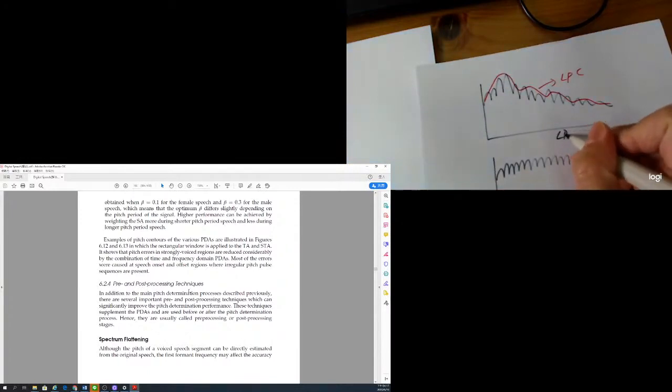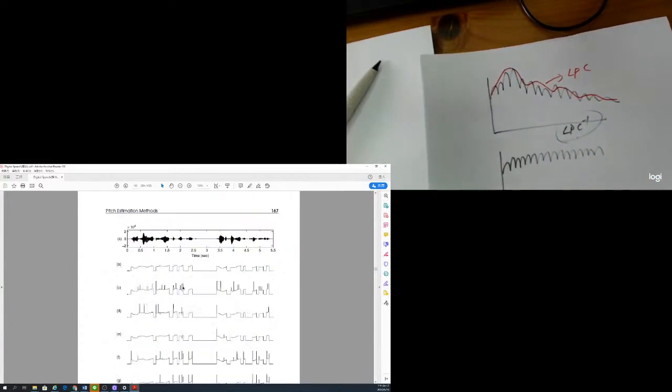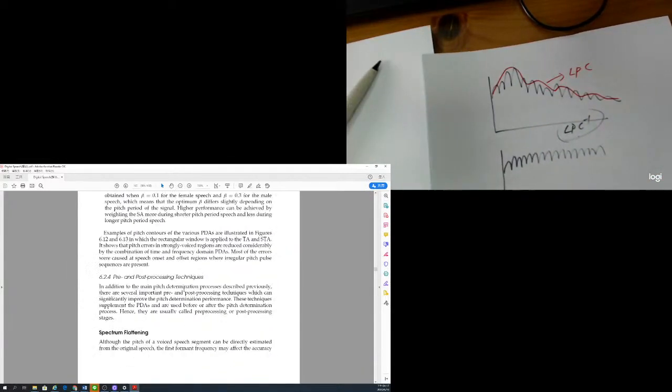However, doing the LPC inverse sometimes takes a little bit of computation. So in your application, we do not want to calculate LPC. How do we remove the envelope shape? They have some simple ways to do spectrum filtering.